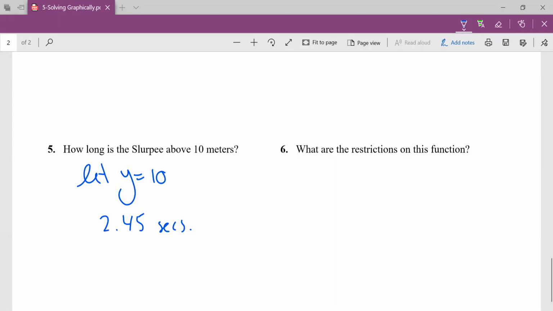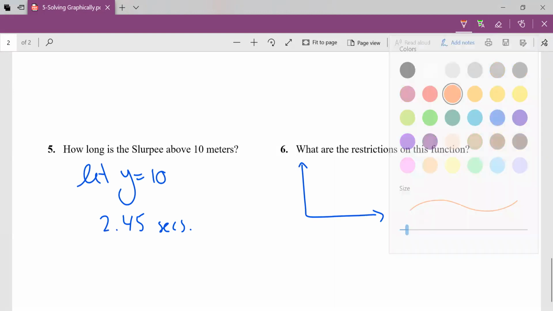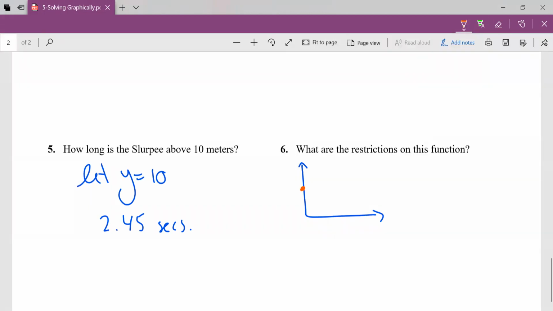Okay, last question. What are the restrictions on this function? The restrictions are simply where I drew my Slurpee, right? It didn't make sense to see that whole graph. So really what I'm asking is, what's the domain of this thing?